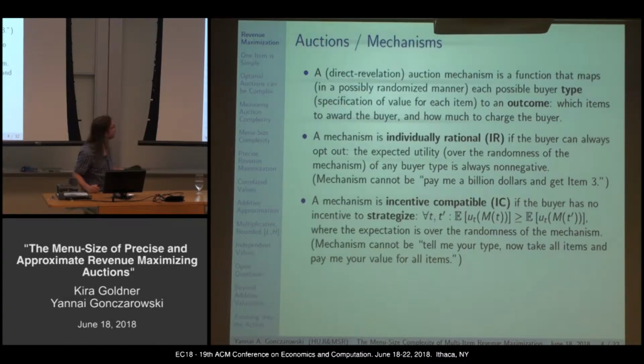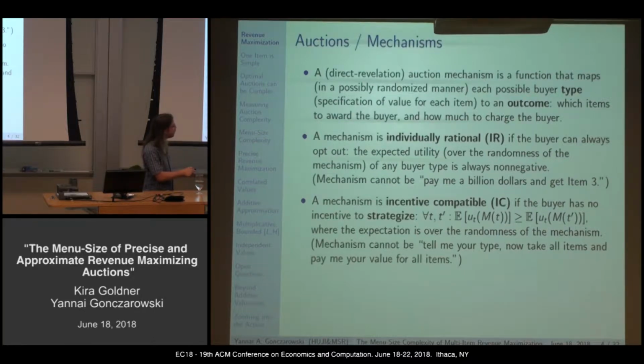And the mechanism is going to be incentive compatible if the buyer has no incentive to strategize. That is, if you fix a buyer type T and you think of another buyer type T prime that the buyer may want to manipulate the mechanism into thinking she is, then the utility of buyer T from what the mechanism gives her if she says that she's of type T is greater than the utility of buyer T from what the mechanism would give her if she said that she's of type T prime.